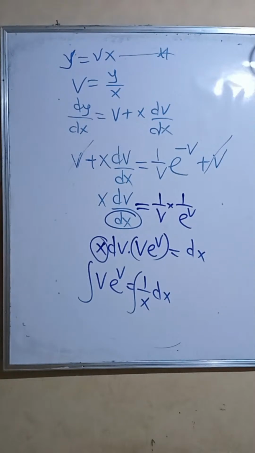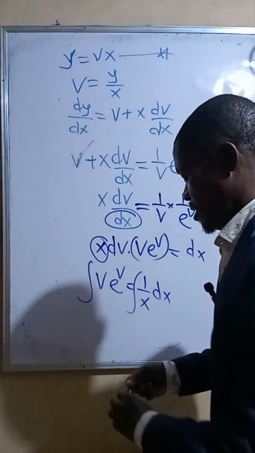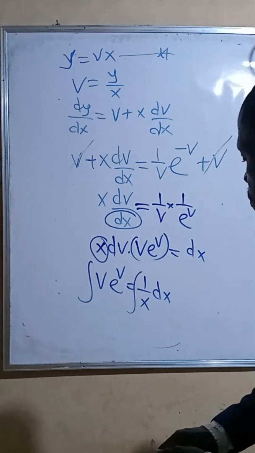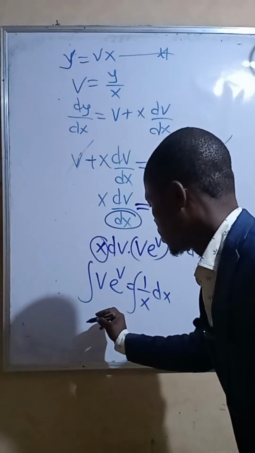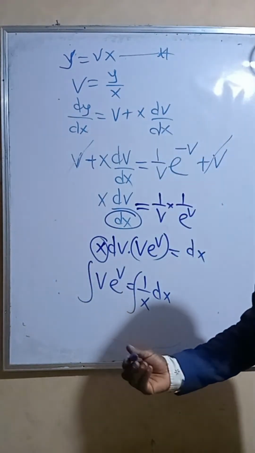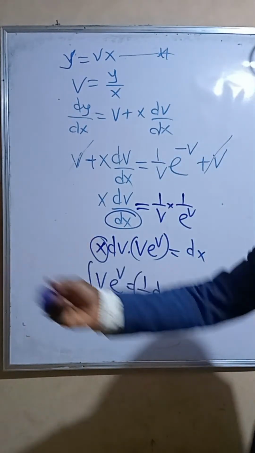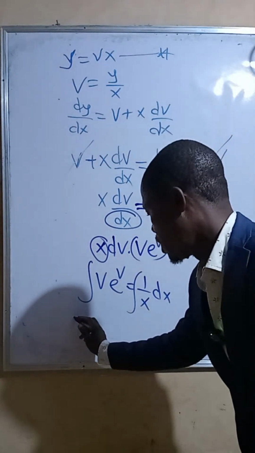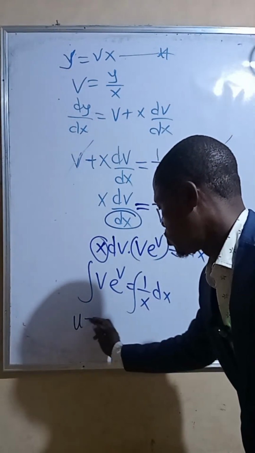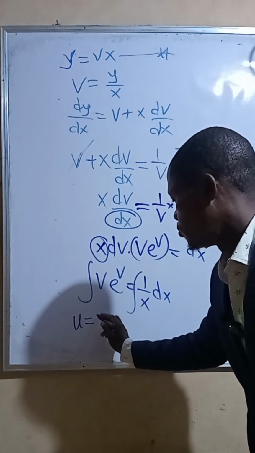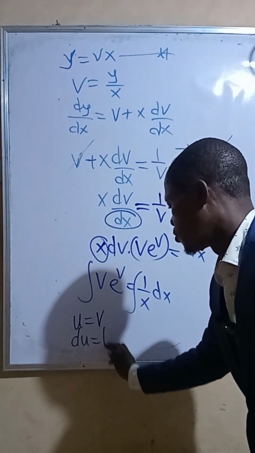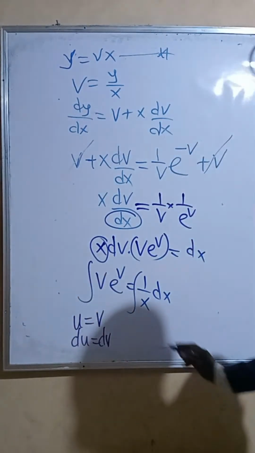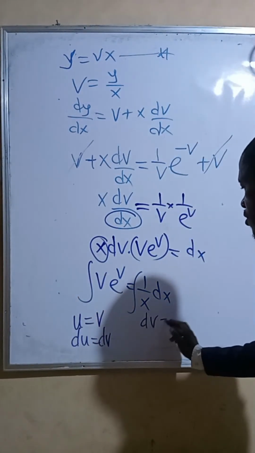So that's what we have now. Let's use integration by parts. When you have two products and you want to integrate, then you use integration by parts. So let u be equal to v.